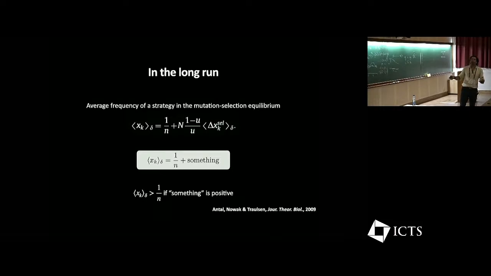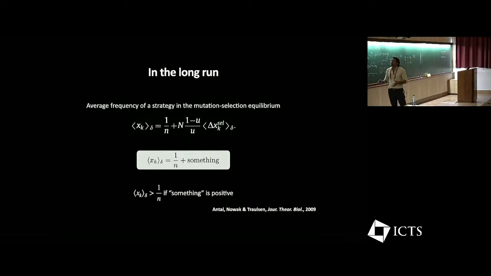And that means 1 over n. If there are n strategies, the frequency would be just 1 over n. But then you do get some corrections because of mutation and selection, and those corrections are captured in this term over here. So this is 1 over n plus something, and again, we do the same trick as before. We just ask, is this something larger than 1 over n, right? So if this something, whatever is after this addition term, is positive, right?